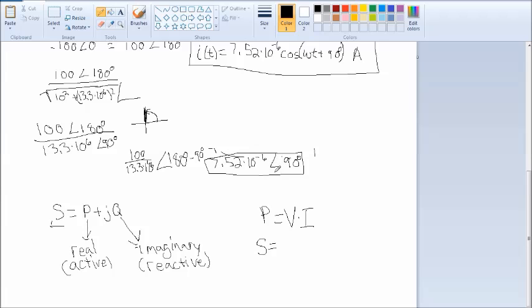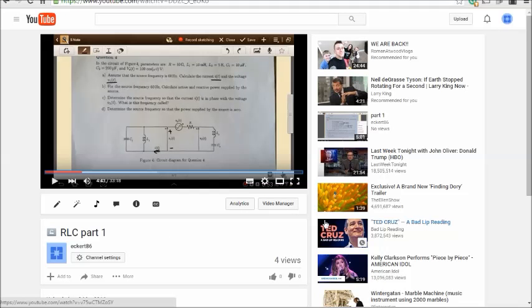So you're going to multiply two polar forms, and then you're going to put it back into rectangular format. Whenever you put it into rectangular format, you're automatically going to see that the real part is your active power, and your imaginary part is your reactive power. So that's that. You can easily do that.